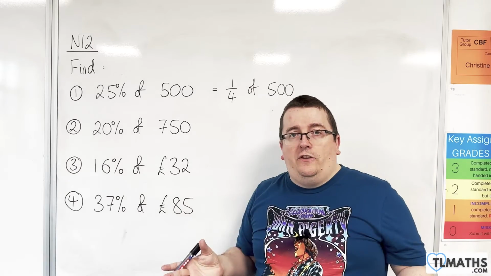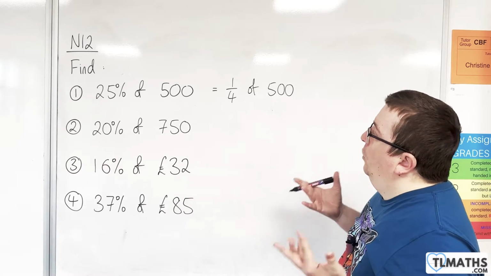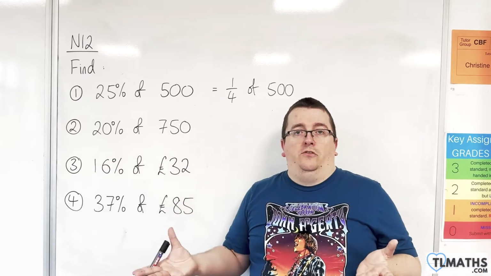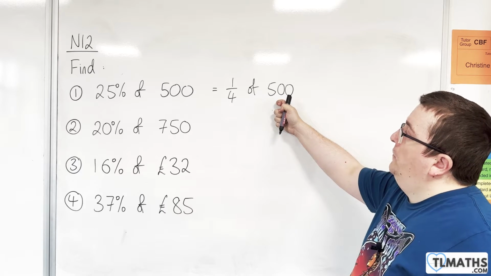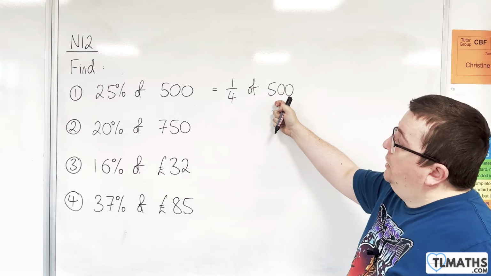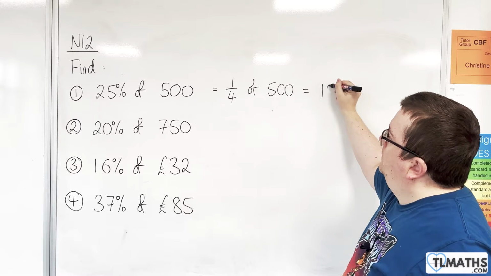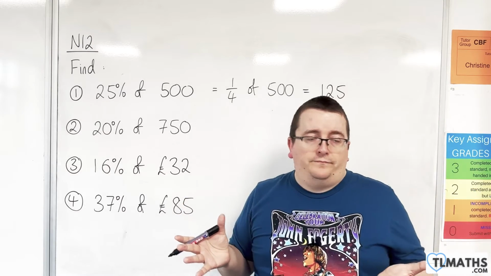Now you could do this as 500 divided by 4 using short division, or you can do it as dividing through by 2 and then dividing through by 2. So half of 500 is 250, half of 250 is 125. So I know the answer is going to be 125.